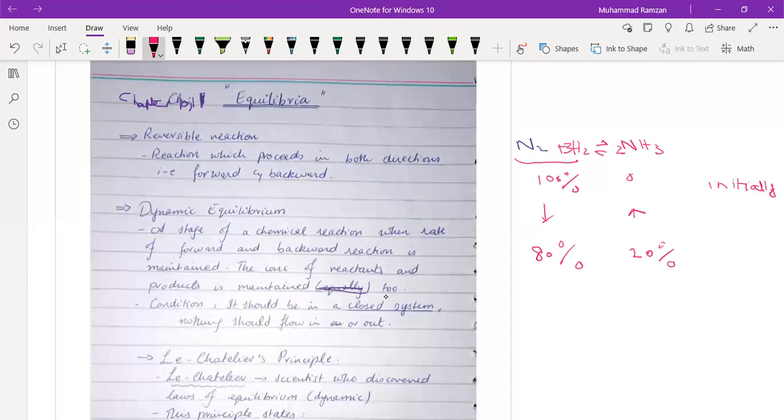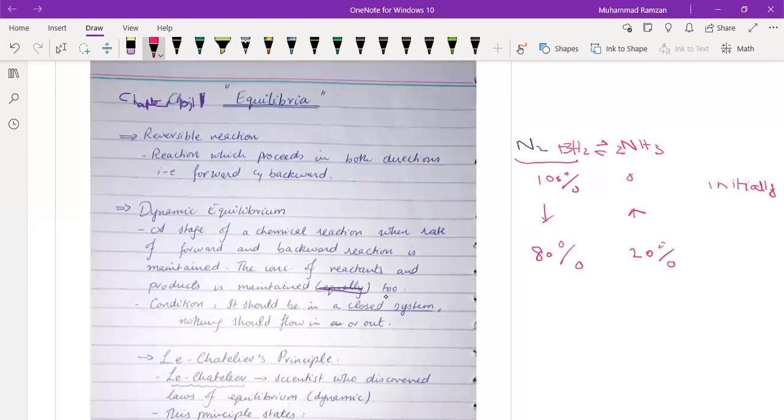To make you clear, this 20 and 80 figure is for understanding purpose; it may be any figure showing the concentration. If there occurs a dynamic equilibrium, then this 20 and 80 figure is maintained.